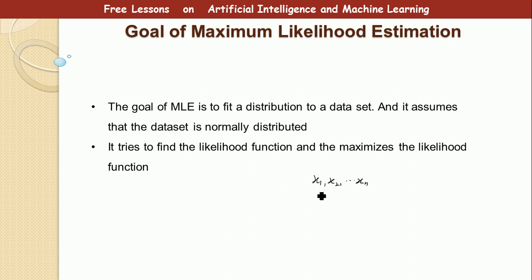Now we are trying to fit a distribution through this series of values. What it means is that we may decide to choose a parameter for this distribution and then check if these observations are correct.